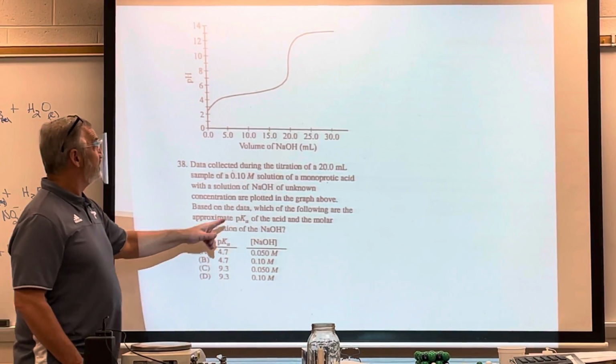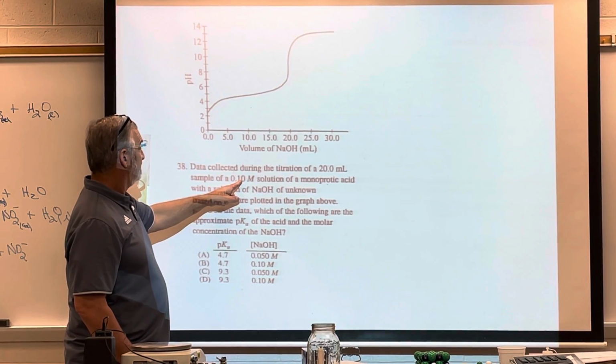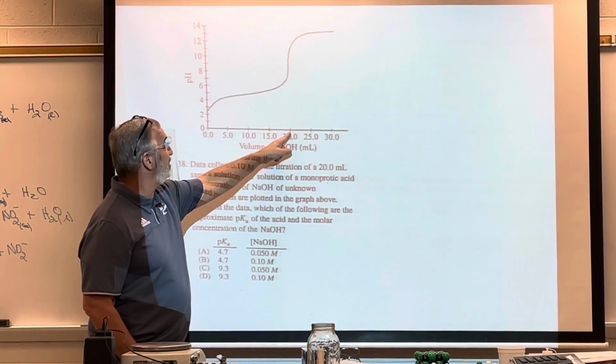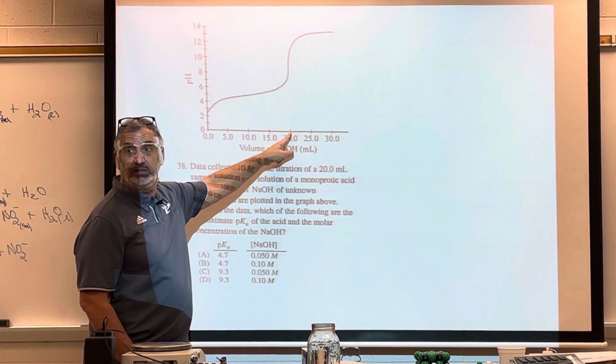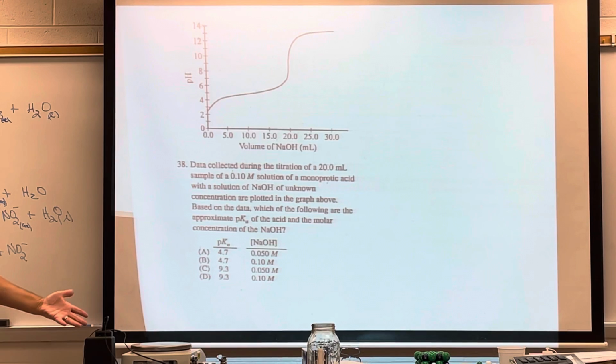It took 20 milliliters of 0.1 molar of an acid. It took 20 milliliters of the base. So what does that mean its concentration is going to be? 0.1 molar. MAVA equals MBVB.